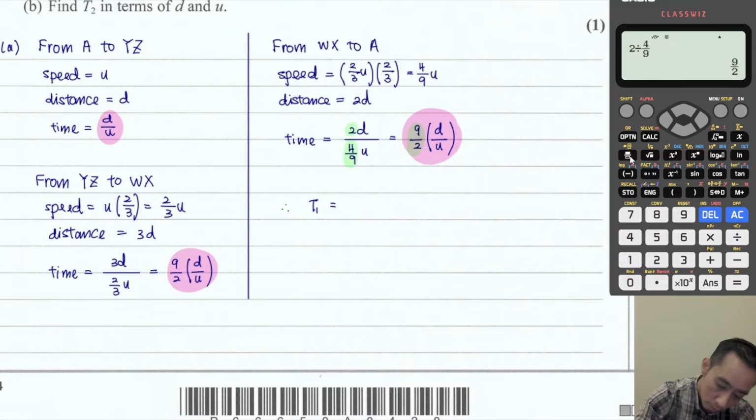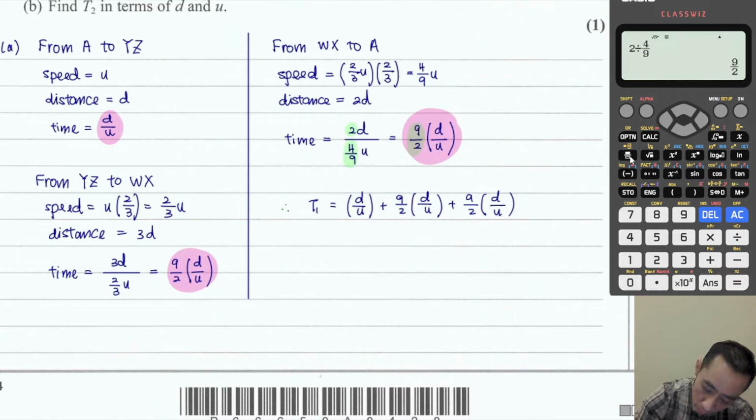So d/u plus 9/2 d/u plus 9/2 d/u, which is equal to, for this one, 1 plus 9/2 plus 9/2.